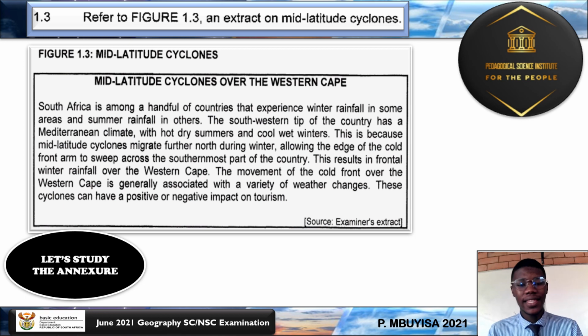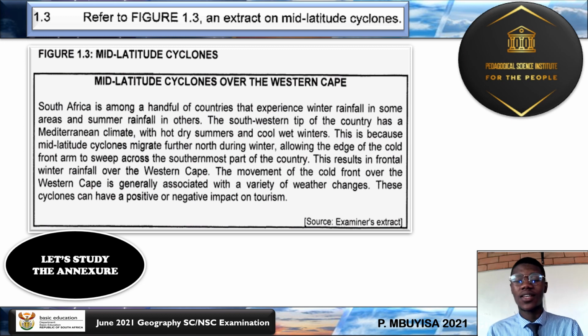Now, if you look at this article, they're most probably going to ask you to say something about the general climate of the southwestern tip. They're most probably going to ask you why mid-latitude cyclones migrate northwards in winter only, and why not in other seasons.